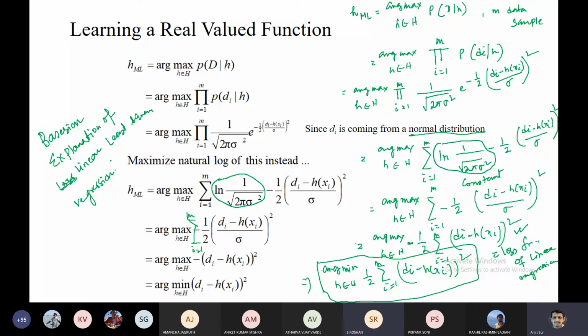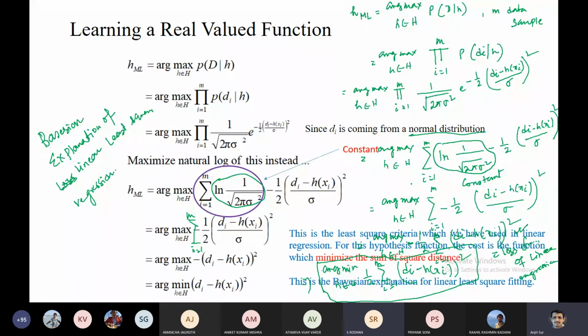This is the way that we come up with this. If you have any question, you can ask. So this is the least square criteria, which is linear regression. For this hypothesis function, the cost function is to minimize the sum of the square distance. This is the Bayesian explanation of the linear least square fitting.